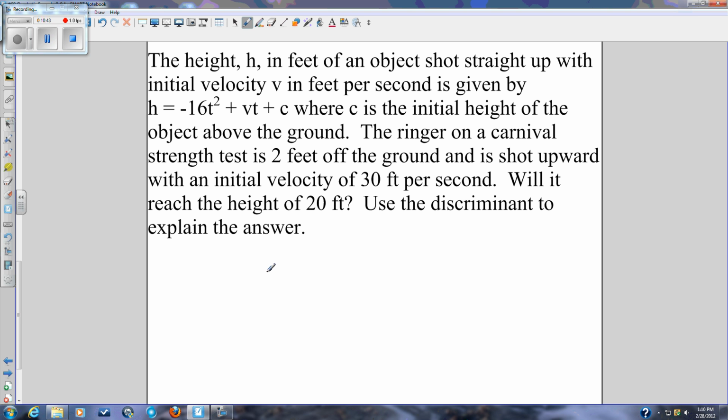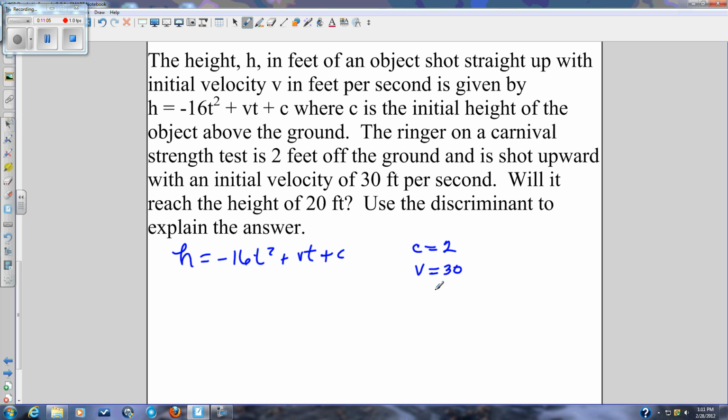So let's see what we can plug into that equation. We have h equals negative 16t squared plus vt plus c. Now it tells us that c is the initial height of the object above the ground, so c is going to be 2 feet. V is the initial velocity, so V is 30.